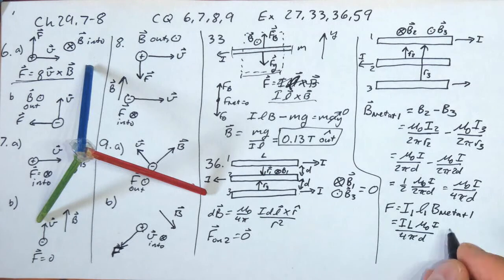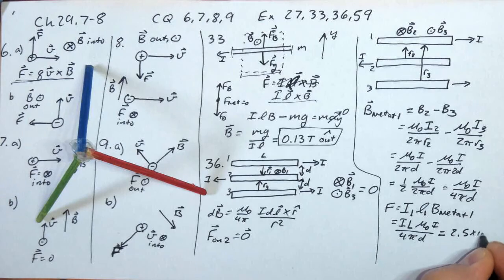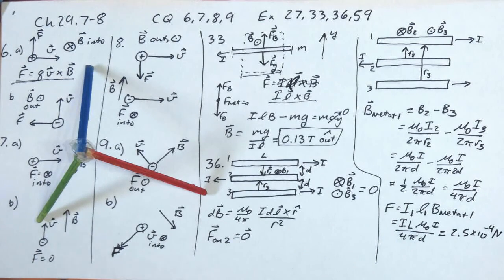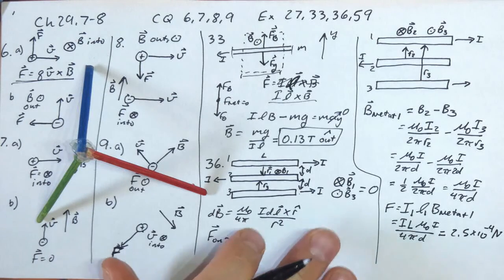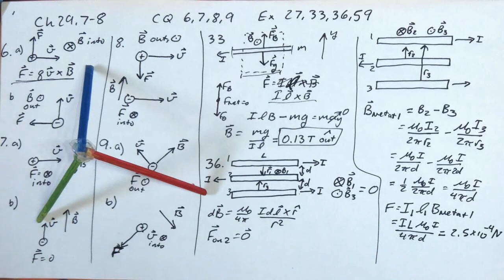So I found out how big it is, and if you plug in your numbers, you're going to end up with 2.5 times 10 to the negative 4 newtons. Pretty small because these magnetic fields are fairly small.